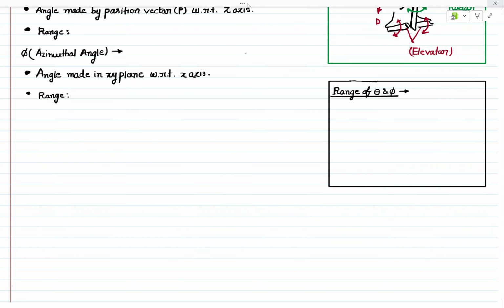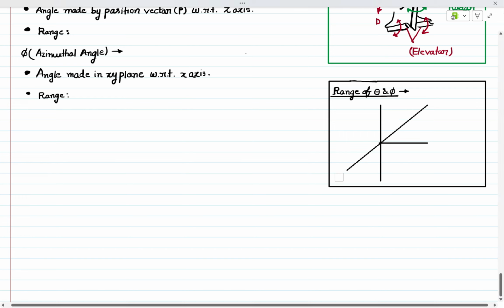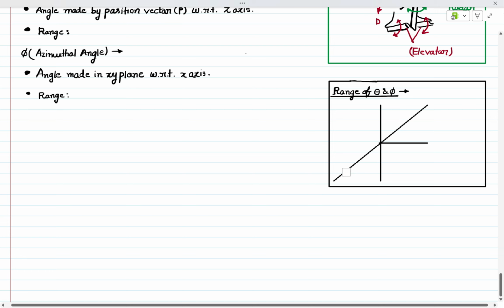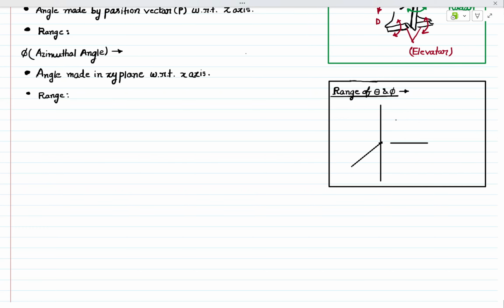So in the three-dimensional plane, that is in the XYZ, this is the X, this is Y, and this is Z. Now look at this carefully.